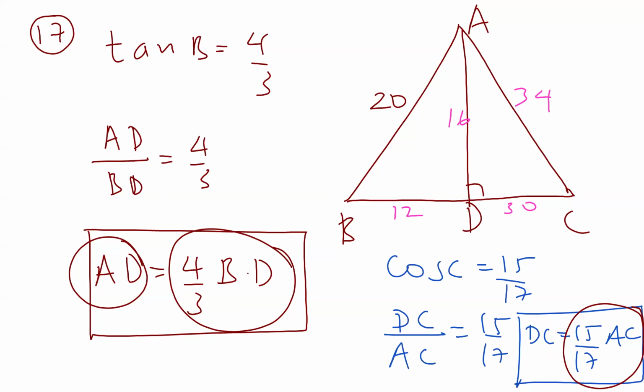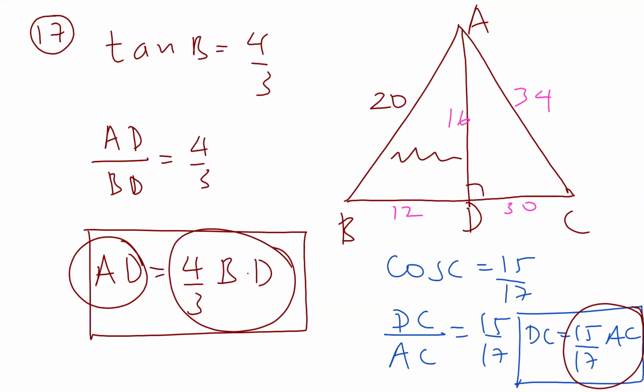Now in the triangle, they are asking sine A. But when they say sine A, we have to consider the entire triangle ABC, we cannot consider any one of the smaller triangles.